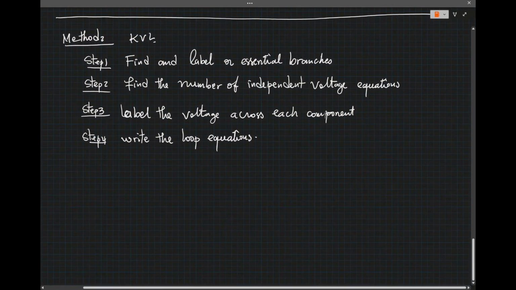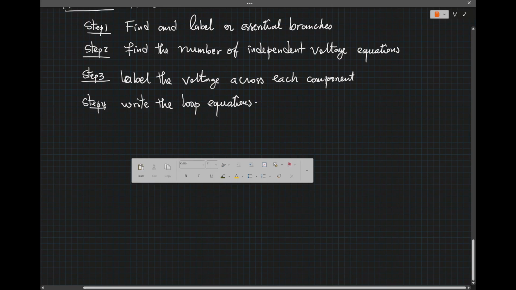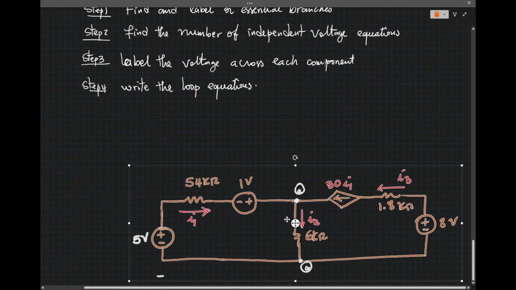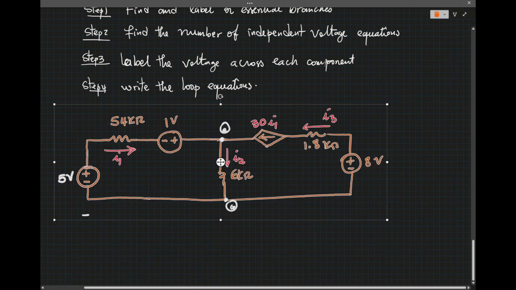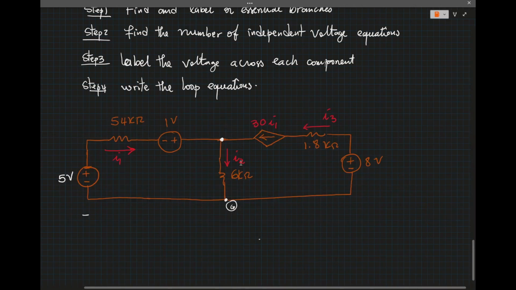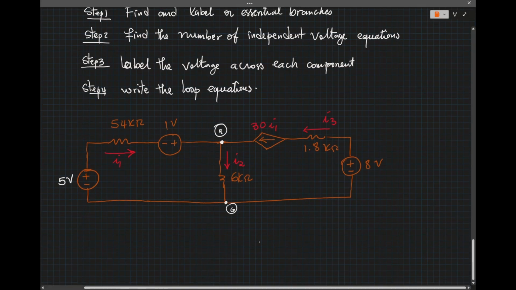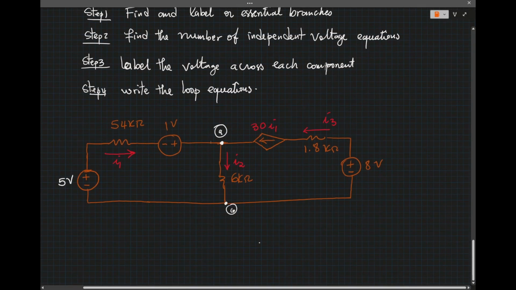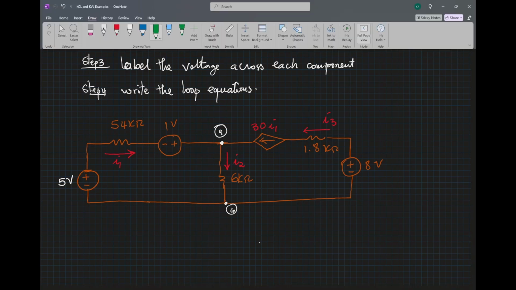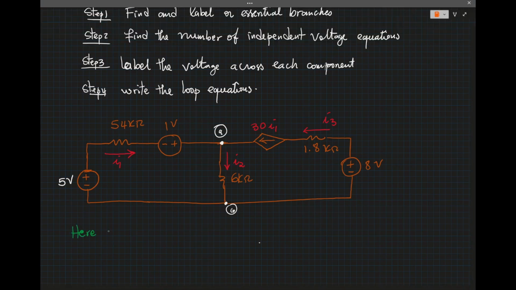Okay, so this is the network that we were dealing with. Okay, so from what we did previously, we have 2 essential nodes. Okay, so step 1, we find 2 essential nodes. So here we have 2 essential nodes.